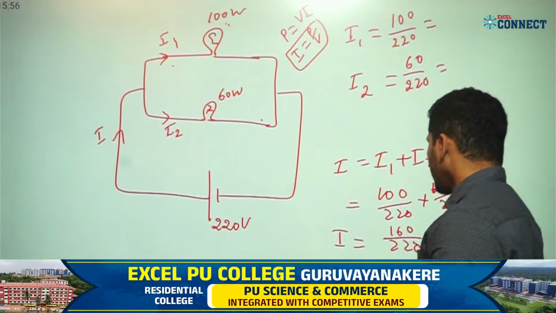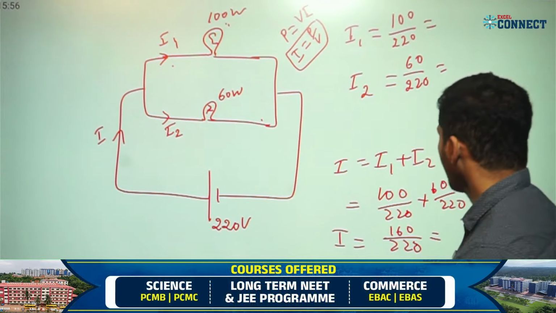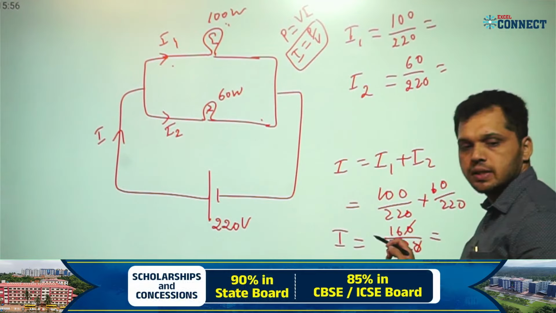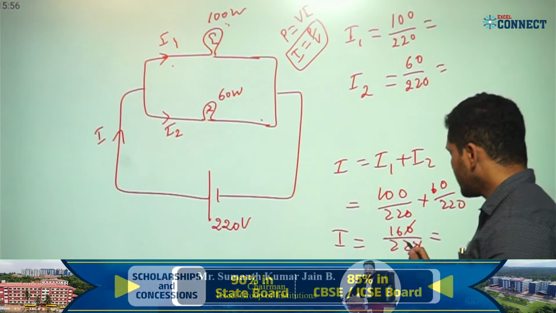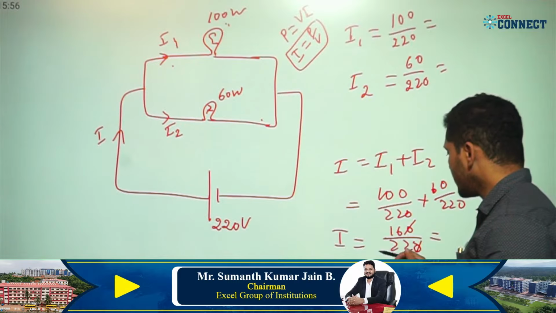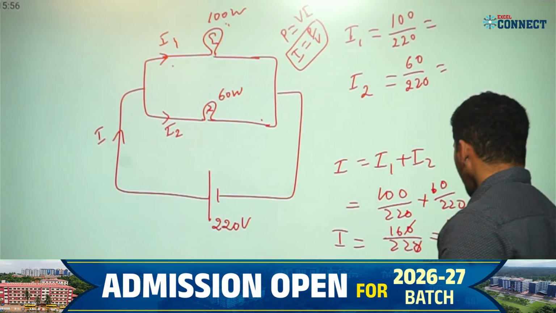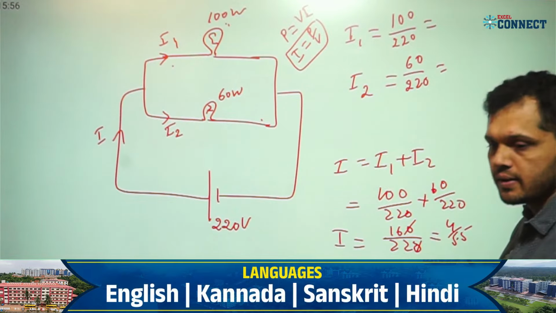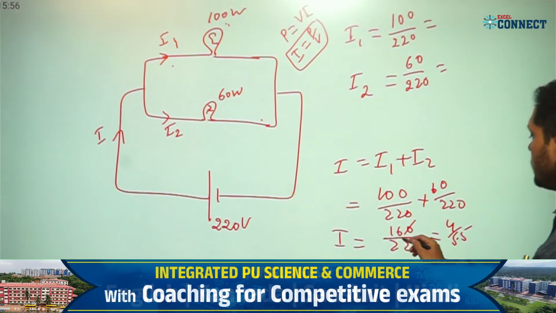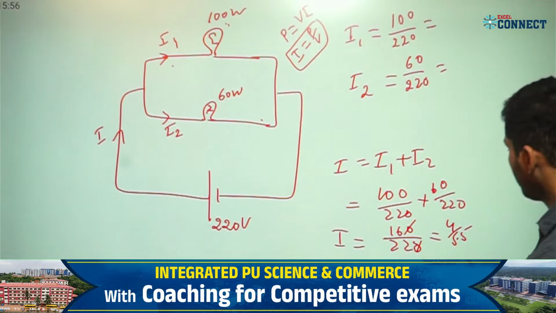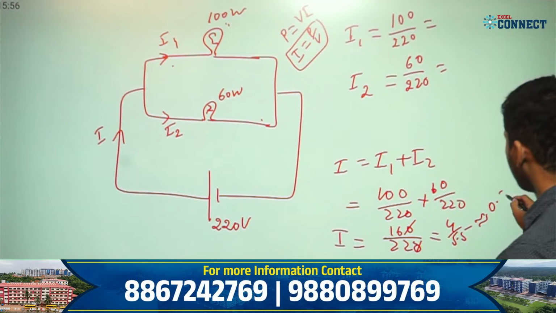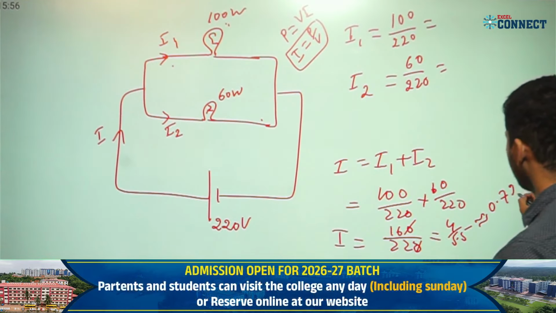This you can simplify. 160 by 220 is 16 by 22, that is 4 by 5.5, correct? This will be nearly 0.72.